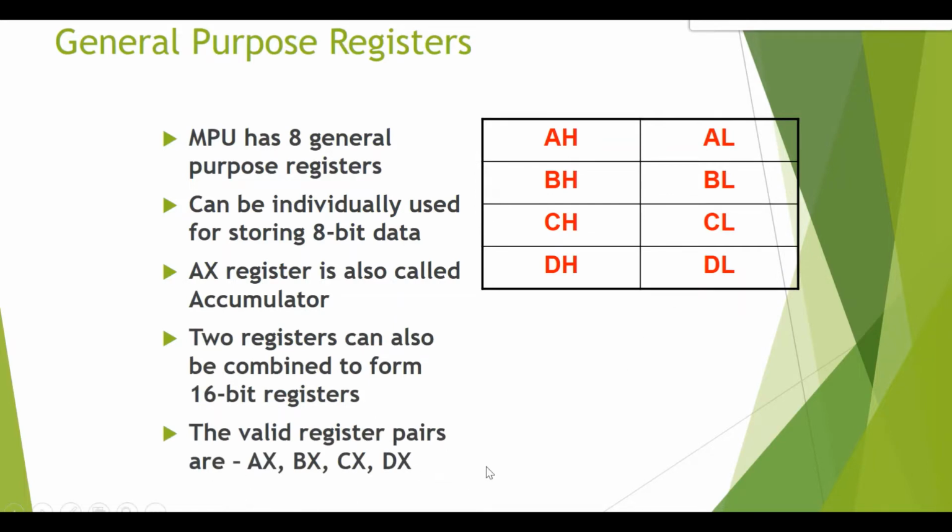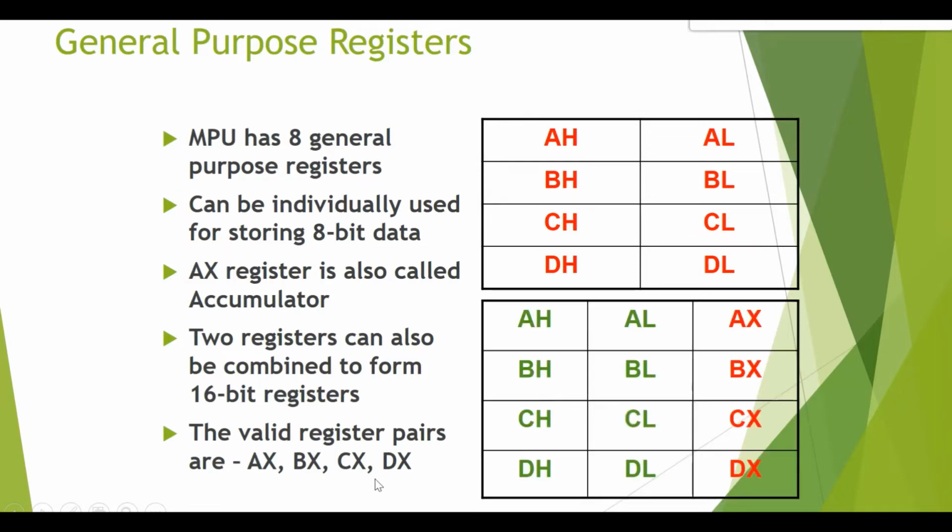All the registers in the 8086 microprocessor are 16-bit registers. So here we have the 4 general purpose registers, AX, BX, CX and DX, and these are 16-bit each.